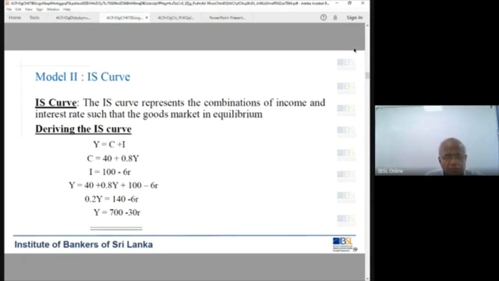Now this is the IS curve. The last equation is the IS curve. How do you derive it? You take the national income identity, Y equals C plus I for this particular model, substitute the consumption function, substitute the investment function, solve and get the relationship between real income and the real interest rate.